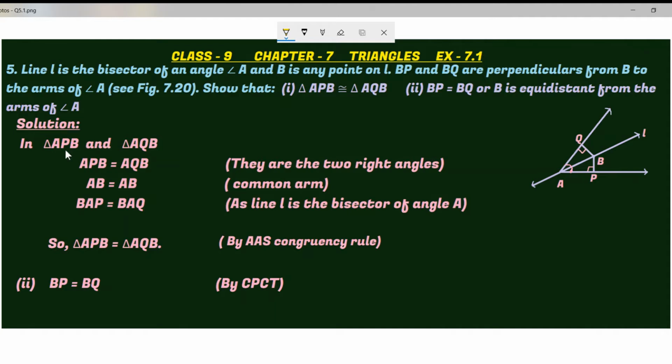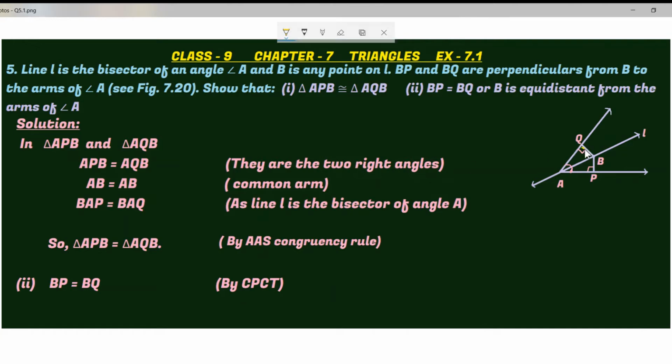Solution. We have to take these two triangles, as I have already explained. The triangles are APB and AQB. In these two triangles, angle APB is equal to angle AQB because they are the two right angles.